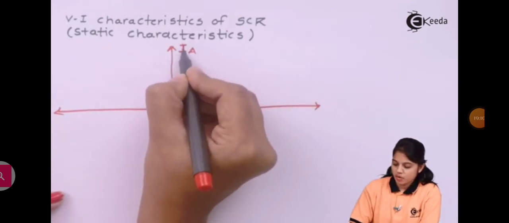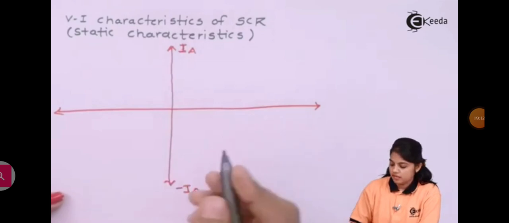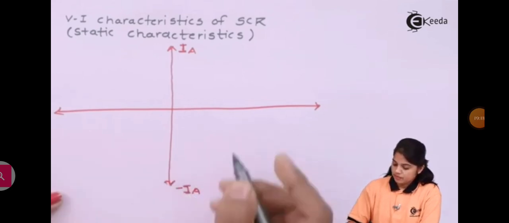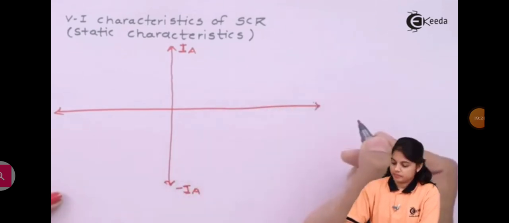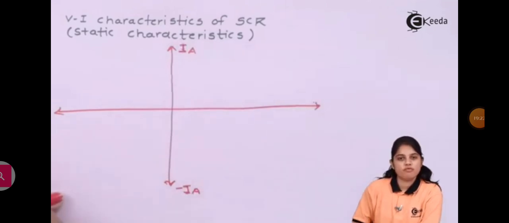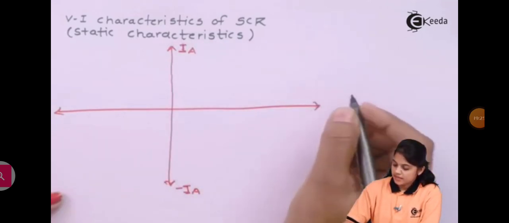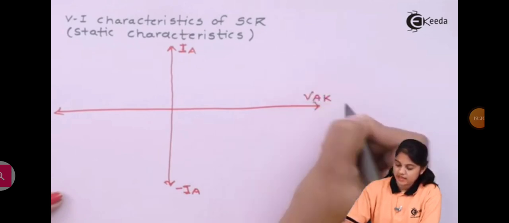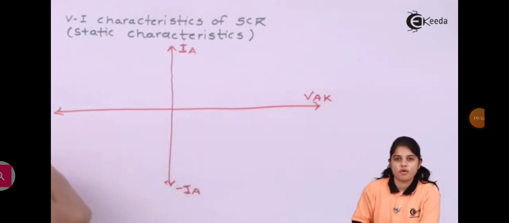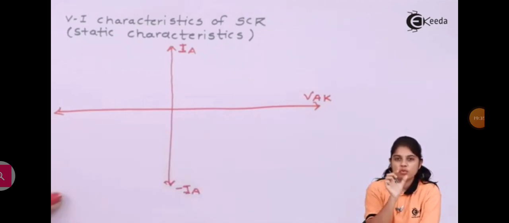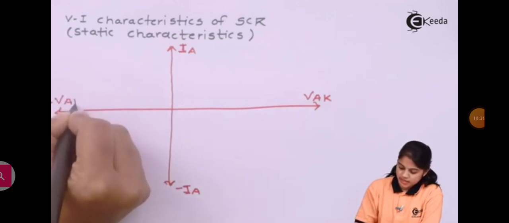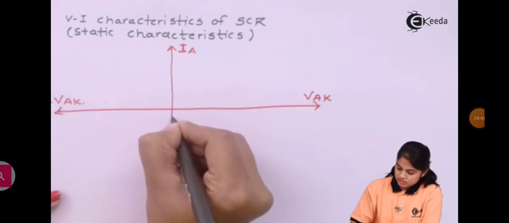So positive IA is the forward anode current, and negative IA is the reverse anode current. On the x-axis I have the forward voltage, which I'll write as VAK, where VAK stands for voltage across anode to cathode, and here I have negative VAK. This is 0.